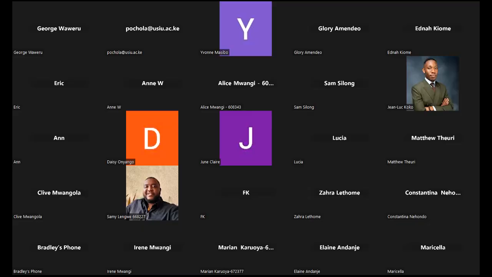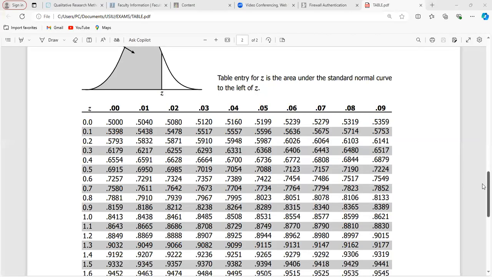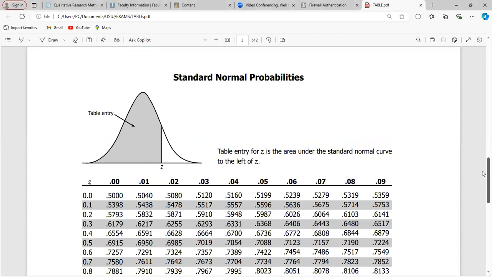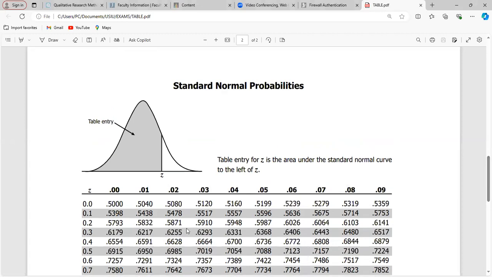Prof, do you mean area shaded to the left or to the right? So this is my normal distribution curve. This is the normal table. Now, this table gives you areas to the left of a Z. But the area you have shaded on your notes there is to the right of a Z. In fact, you have shaded the unshaded area here, the 0.05.